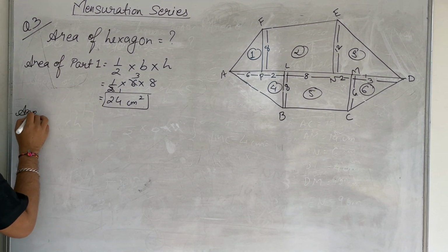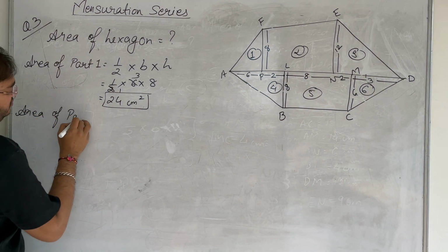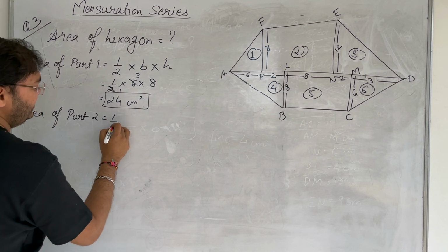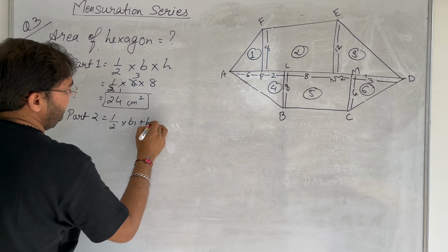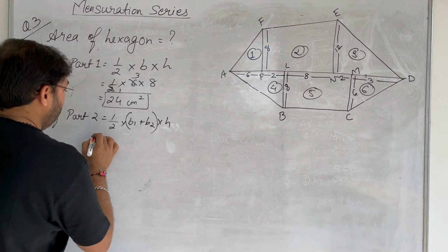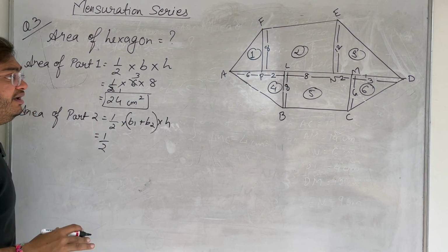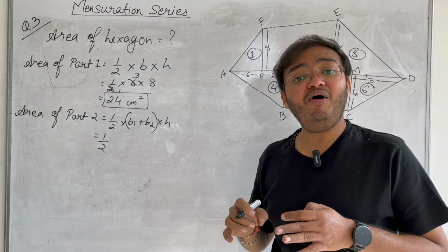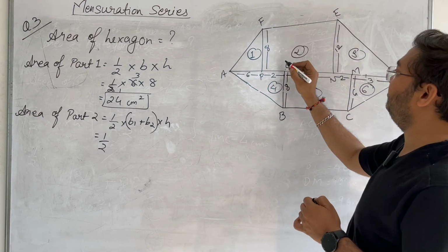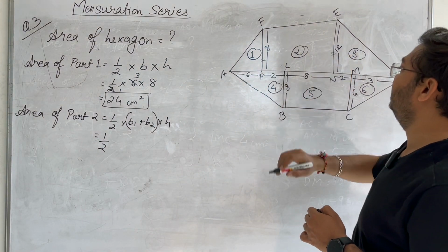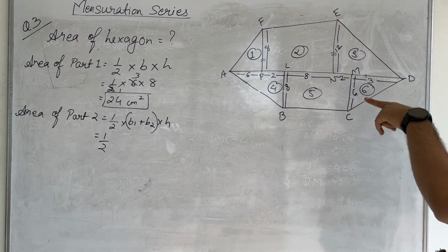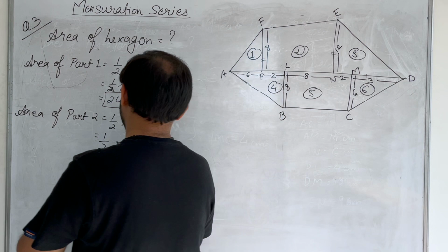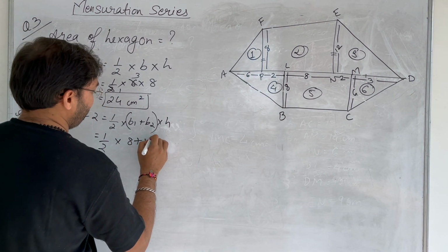Then we will find the area of part 2, which is a trapezium. So the formula is half into base 1 plus base 2 into height. Half as it is. Now this is a trapezium. Base 1 and base 2 are the parallel sides. In this trapezium, the parallel sides are PF and NE. So base 1 is 8, base 2 is 12.